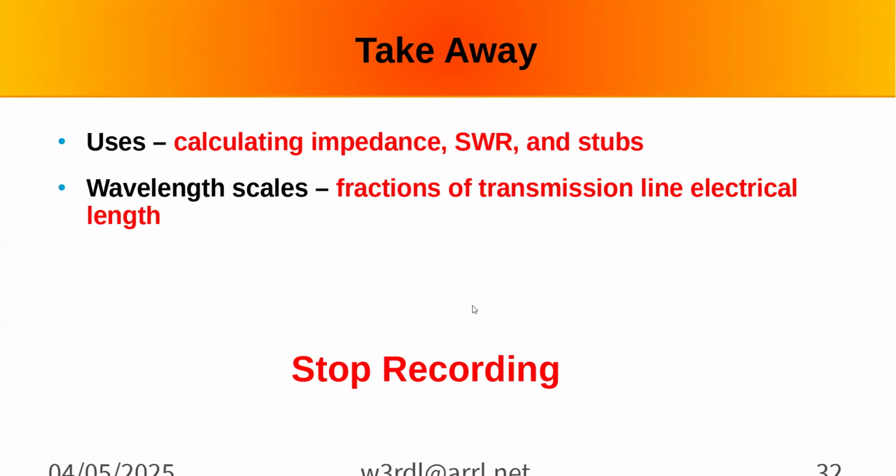And wavelength scales are on the outside as fractions of electrical length. So I forgot how they label them, whether it's lambda divided by something, maybe, or it could just be numbers. It's off of the wavelength scale. Yeah.